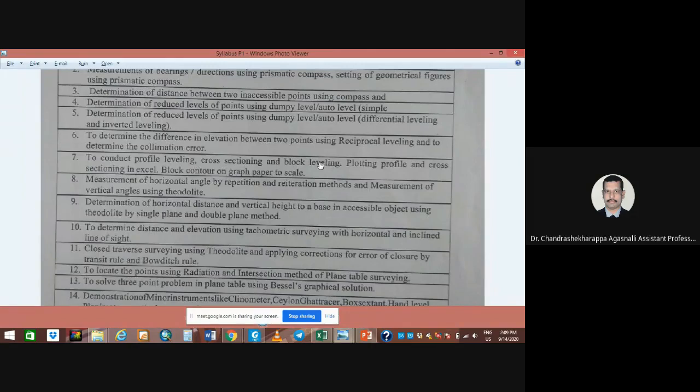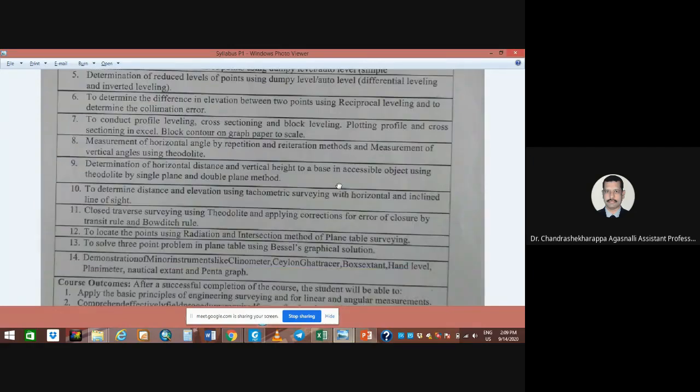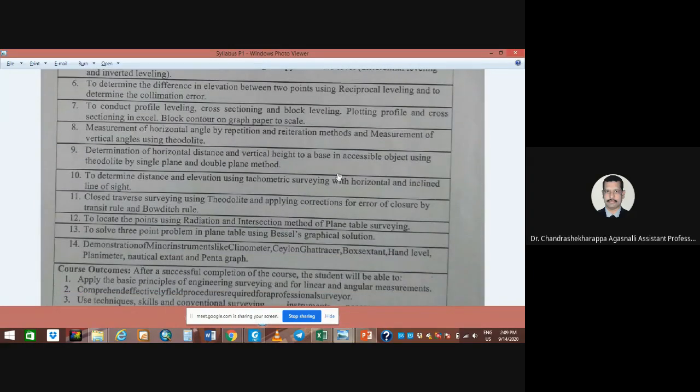The ninth one is horizontal distance measurement and vertical height of an accessible object using the theodolite by single plane or double plane methods. So overall, we are using the tachymeter, theodolite, dumpy level and auto level instruments. And total station survey we use generally for the survey camp.